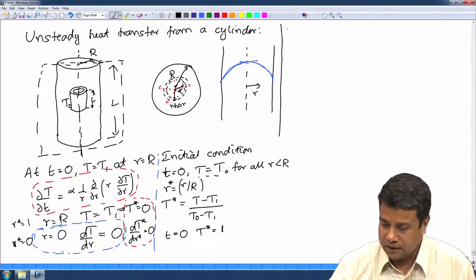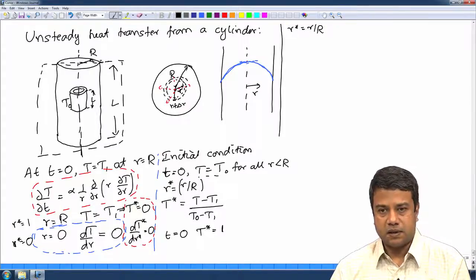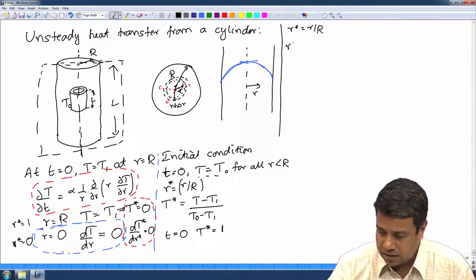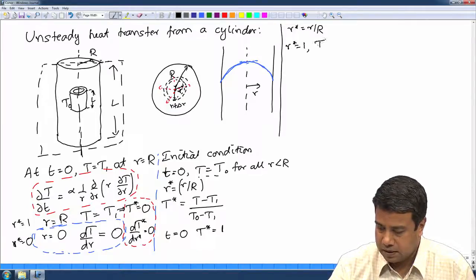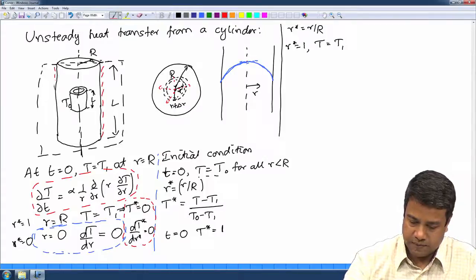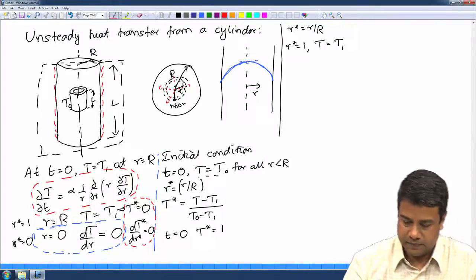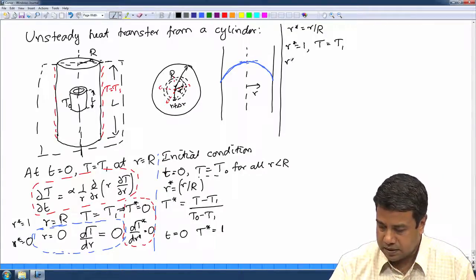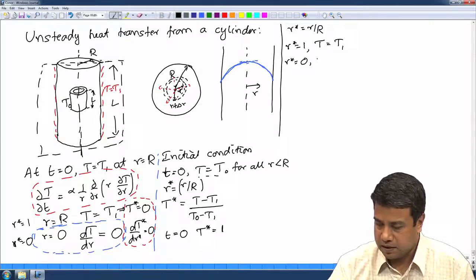So, we had defined r star is equal to r by R. That was the scaled radius. And defined in terms of r star, we find that at r star is equal to 1, T is equal to T1, the temperature that is imposed on this outer boundary. And at r star is equal to 0, dT by dr was equal to 0.